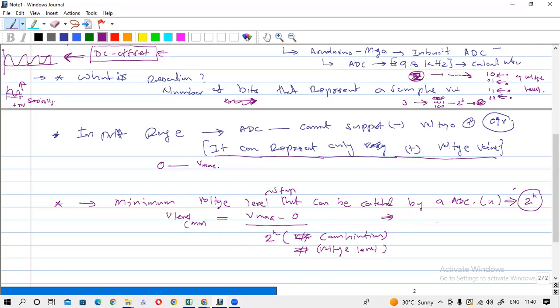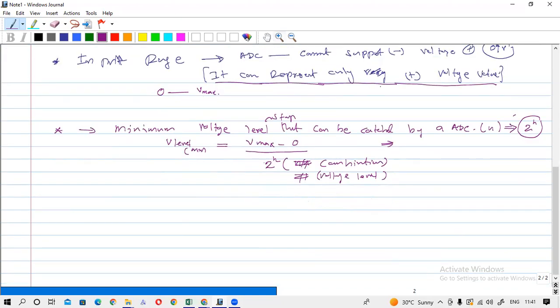For example, if you have 2 bits, and your maximum voltage is 4, what is the minimum? This is the 2-bit resolution, and there are 4. This is the maximum voltage that can be given to the ADC.